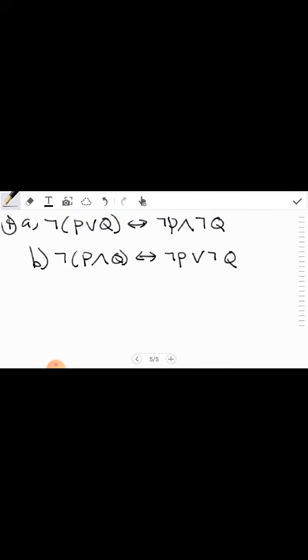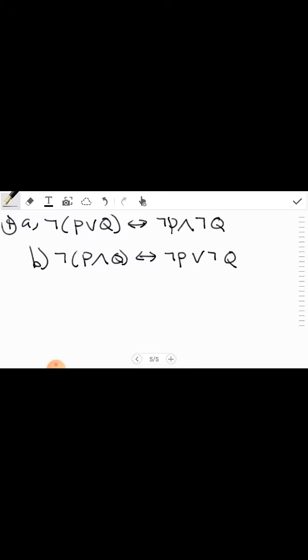Okay? Or the second way we have the De Morgan's is not (P and Q) is equivalent to not P or not Q. So it's like we're distributing the negation to the two propositions.